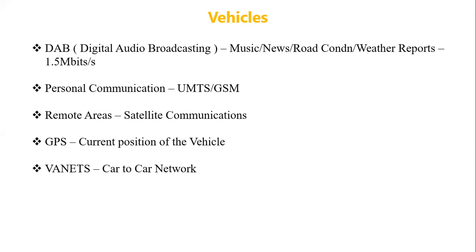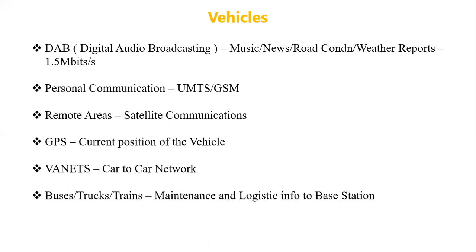These are some of the typical applications of wireless networks for vehicles. Nowadays itself, buses, trucks, and trains are transmitting maintenance and logistic information to the base station. In future, these devices will be able to provide much better services also.